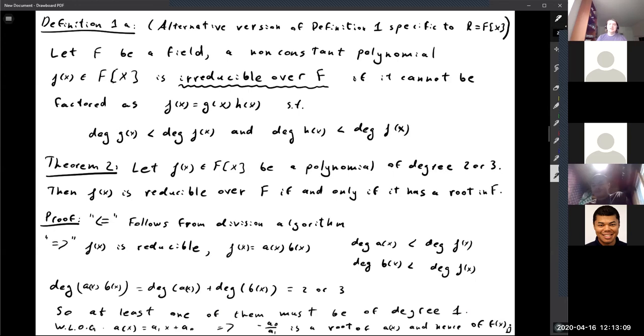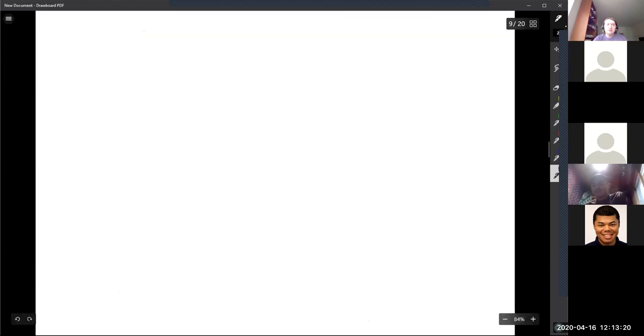Like in the example where we represented 7 as the product of -1 and -7. Okay, this essentially brings us to the idea of unique factorization domains. So today we will just give the definition, and we will talk about more details in about 2 weeks.